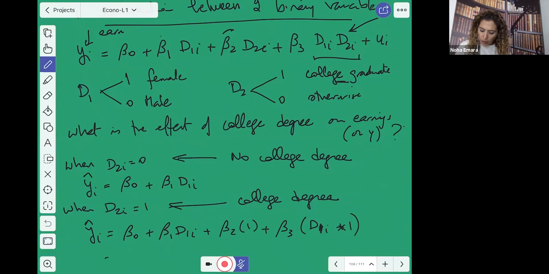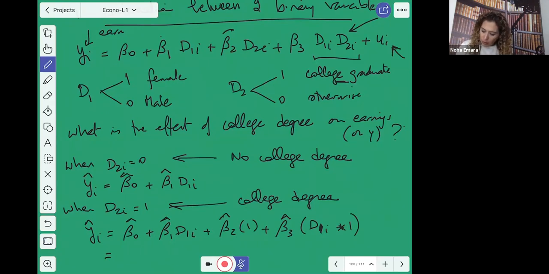Let me combine like terms. Let me add the hats everywhere because this is an estimated model. I keep forgetting to add the hats. I didn't add the hat on the earlier model because I have an error term, so that is the population regression model before the estimation.